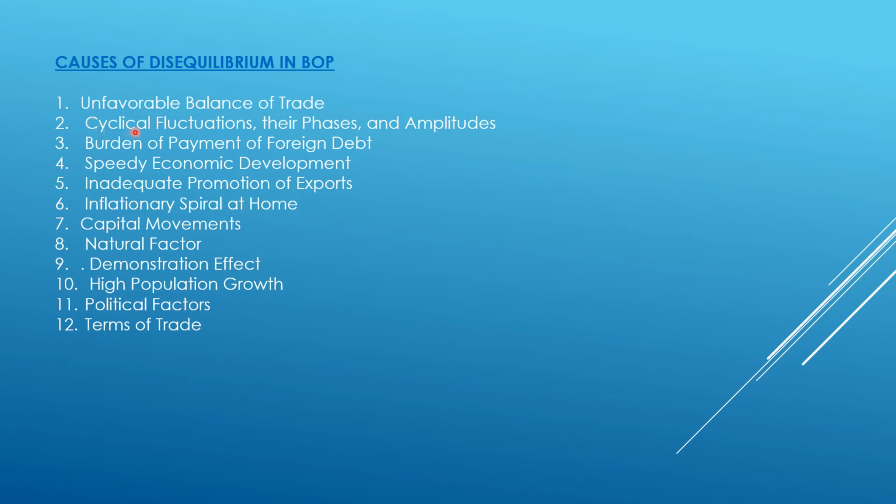The next one is cyclical fluctuations, their phases and amplitudes. Cyclical fluctuation causes disequilibrium in BOP due to cyclical change in economic variables. Here economic variables are like income, output, consumption, employment.